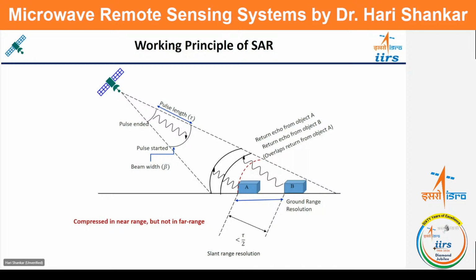Then again it is stopping. During that stop period, again it is receiving the signals. That way it is working, acting as a receiver as well as a transmitter. So you can say the pulse radar is suitable for microwave remote sensing. Okay, both purposes are solved.